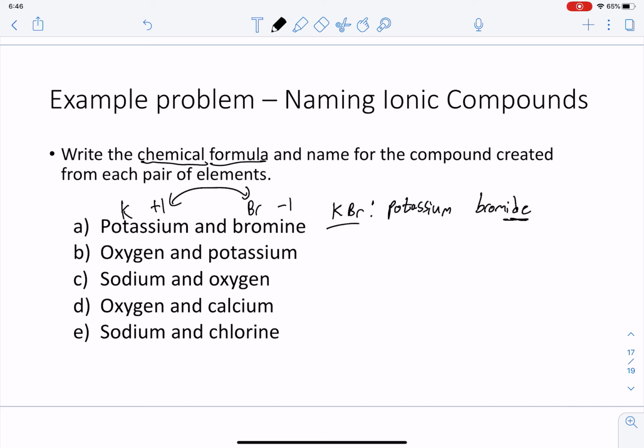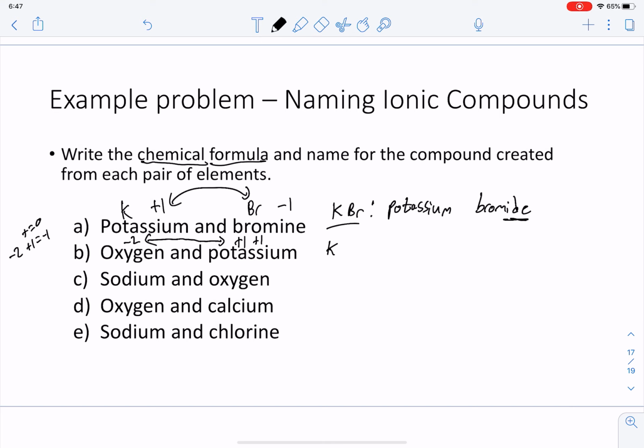All right, next one, oxygen. We've talked about oxygen before. It always forms a -2 charge. Potassium, still in the first column, never going to change. That's a +1 charge. So because these don't equal 0, -2 + 1 is going to equal -1. We need to add one more potassium to cancel out.